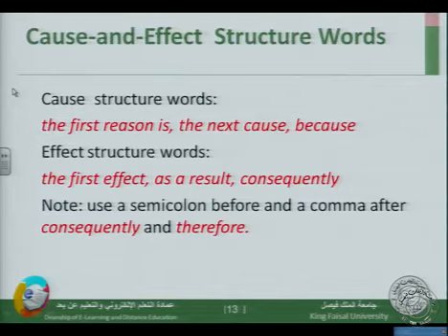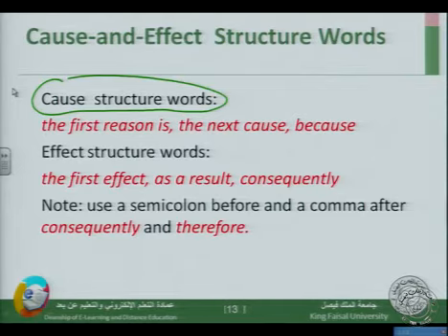Let us see a cause and effect structure right here. As you can see here, we have cause structure words. You need to mention something like the first reason, or the second cause, and because. All of these are cause structure words.